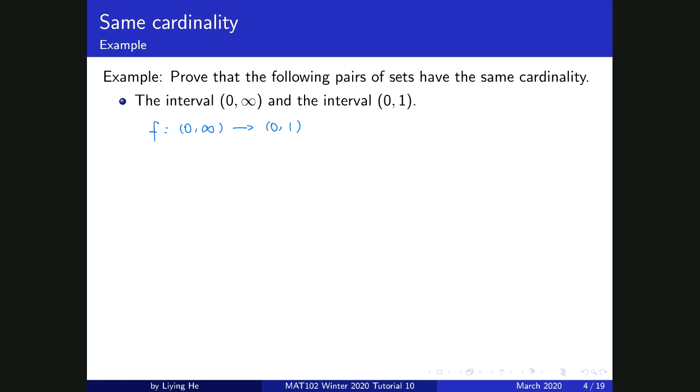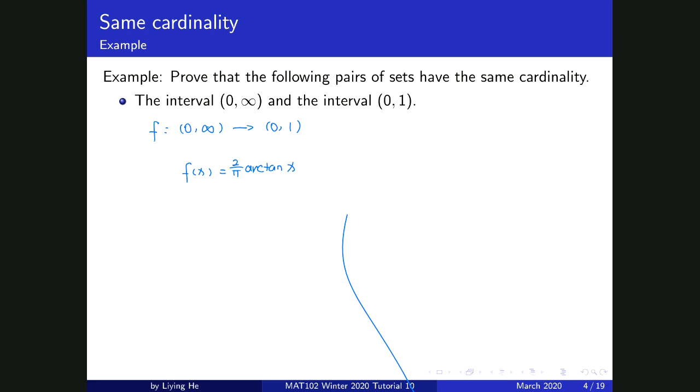Okay, so I'll show you one of the functions, and I actually have multiple functions in mind right now. One of them is this one, arctan x.